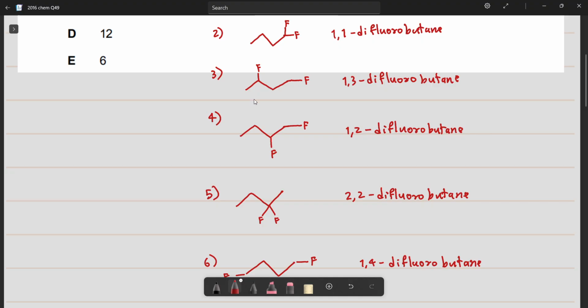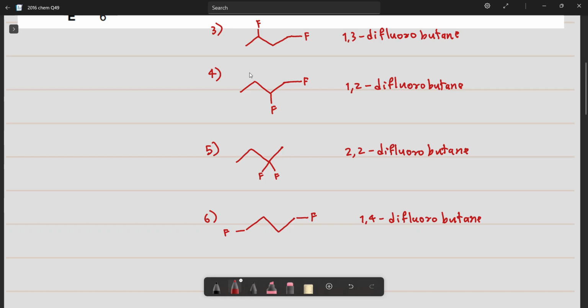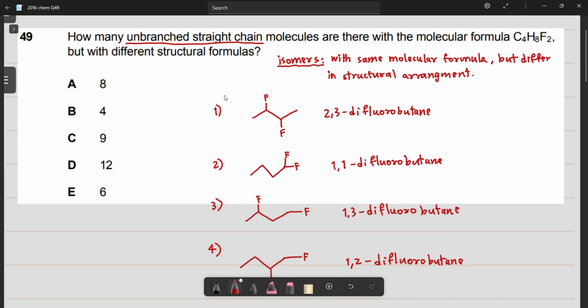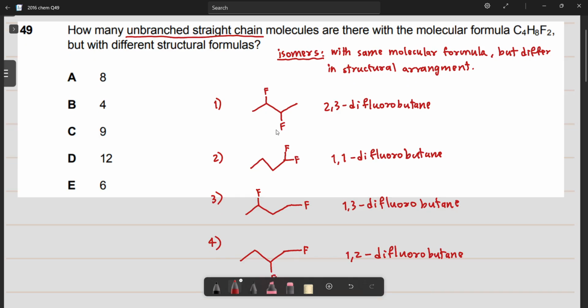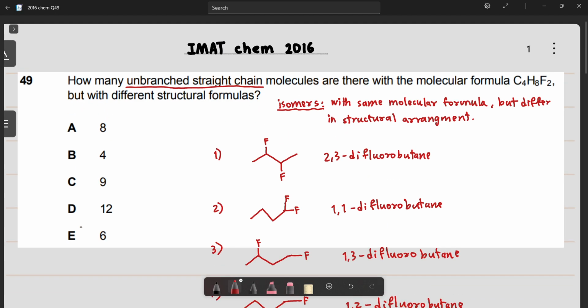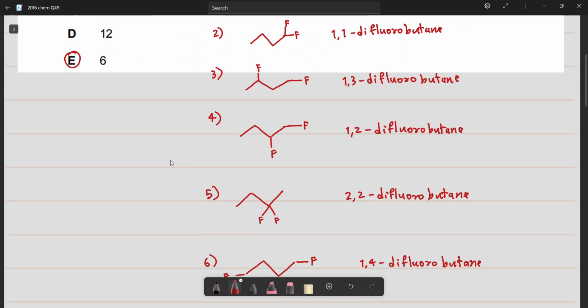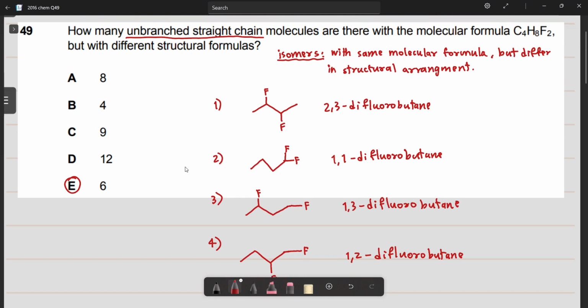So we have a total of 6 structural isomers with the same chemical formula. The correct option is option E, 6 unbranched straight chain molecules with the chemical formula C₄H₈F₂. So that's how we solve this question. It's pretty straightforward and the easiest one.